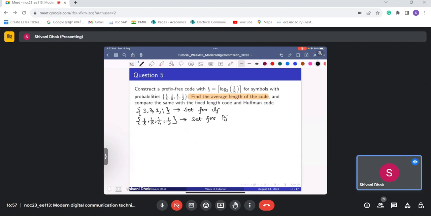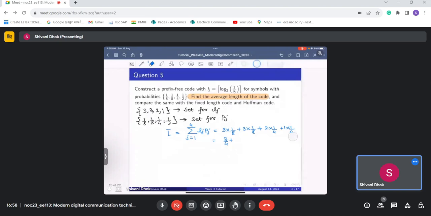So we need to find this L bar, which is simply the sum over J equal to 1 to 4 of LJ PJ. So this comes out to be 3 into 1 by 8 plus 3 into 1 by 8 plus 2 into 1 by 4 plus 1 into 1 by 2.